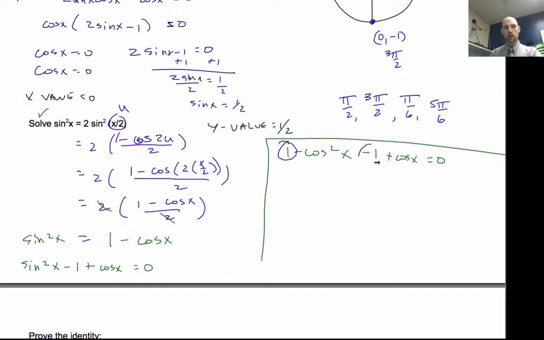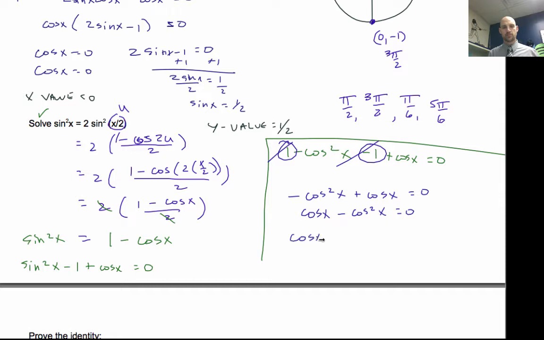I got a 1 and I got a minus 1. Those cancel out. So now I have minus cosine squared x plus cosine x is equal to 0. So if I rewrite, I've got cosine x minus cosine squared x equals 0.